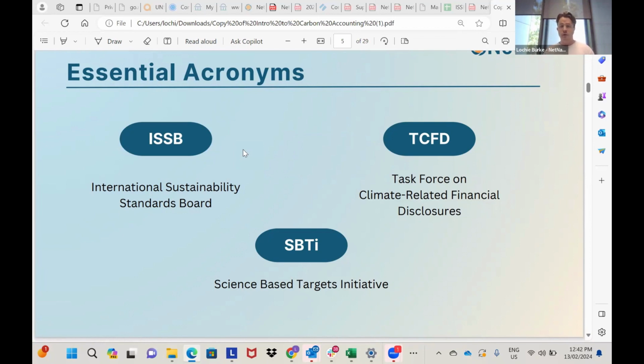It's not very different to what we've seen in a lot of industries with modern slavery assessments from a compliance perspective.